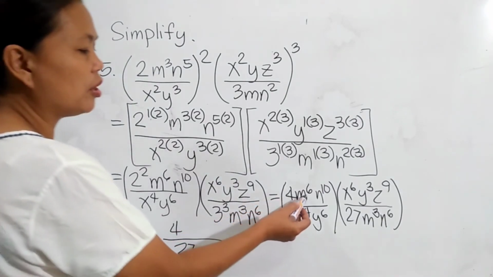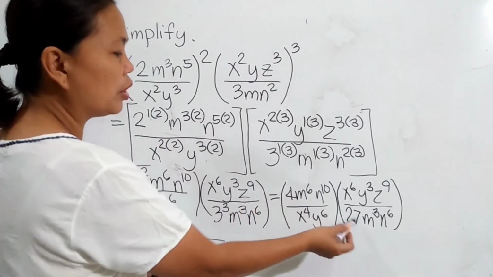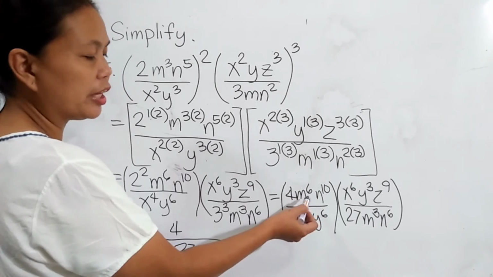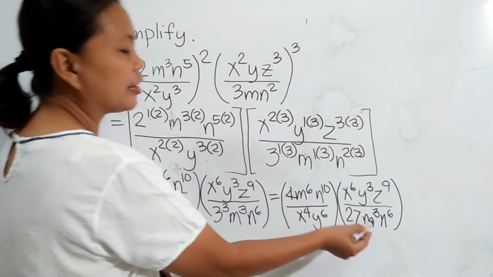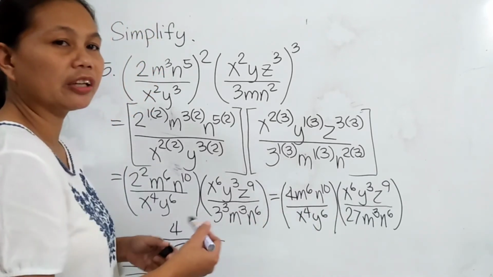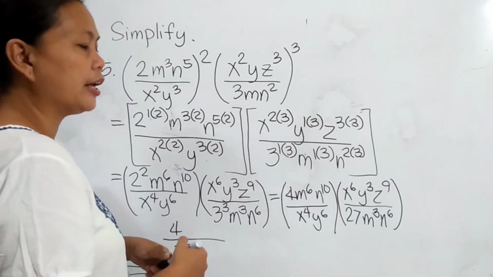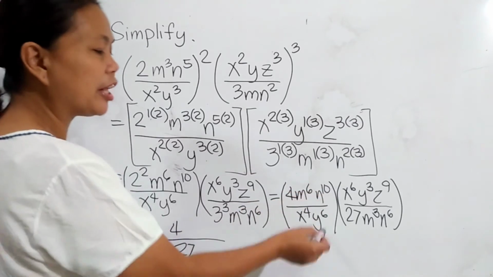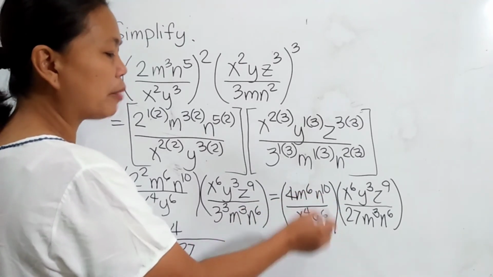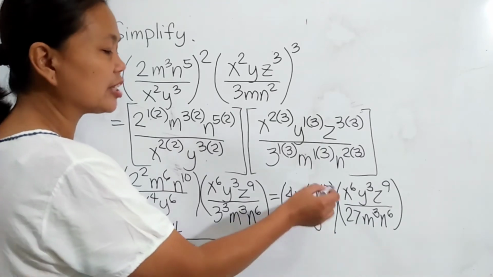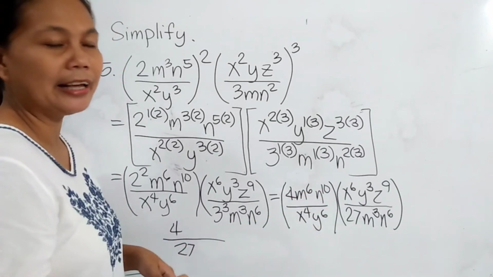Now for the variable, so we will write the variable in the numerator if and only if the exponent of the variable in the numerator is greater than the exponent in the denominator. Then we will write it in the denominator if and only if the same base has a greater exponent written in the denominator.